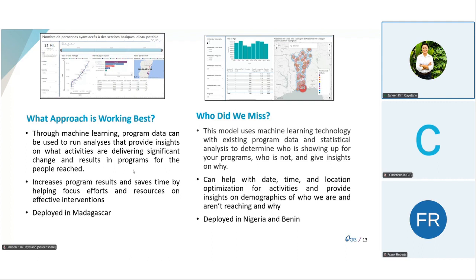So it can help us figure out, other than location, whether maybe they were not redeeming their bed nets because there was no one around during that time, on a specific date or time. We noticed actually in Benin that during a certain day of the week, most of the people are at work, right? So they tend to receive bed nets better at the end of the week, like Thursday, Friday, Saturday, Sunday.